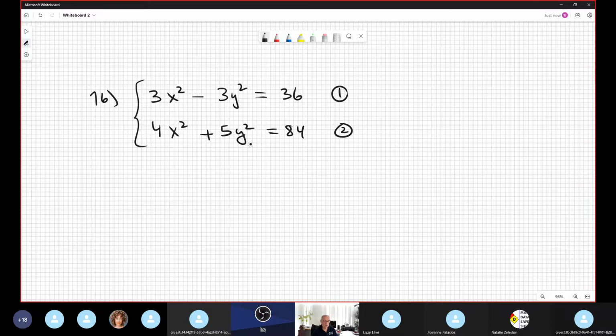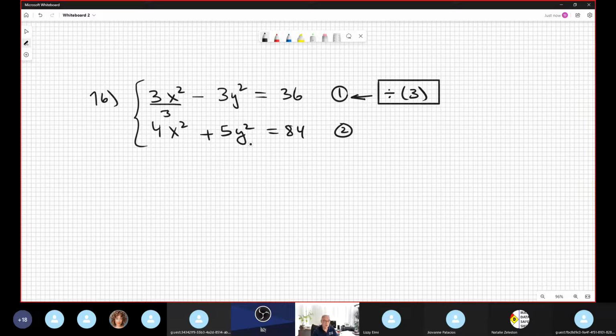However, I see something interesting. The coefficients in the first equation are divisible by 3. And you can divide the entire equation by 3. If you don't see that, no problem. The only disadvantage is you are working with numbers bigger than mine. But it's okay. So now you divide the whole thing by 3.